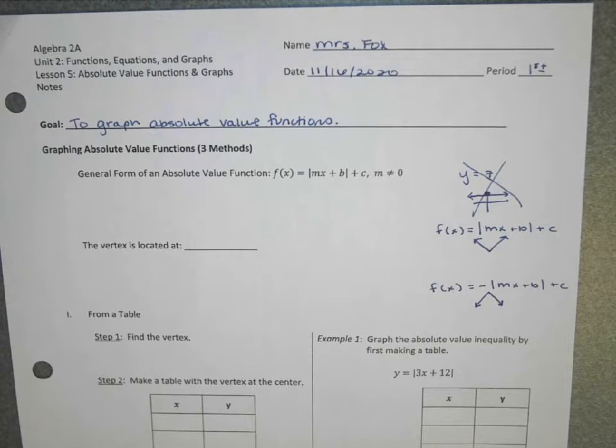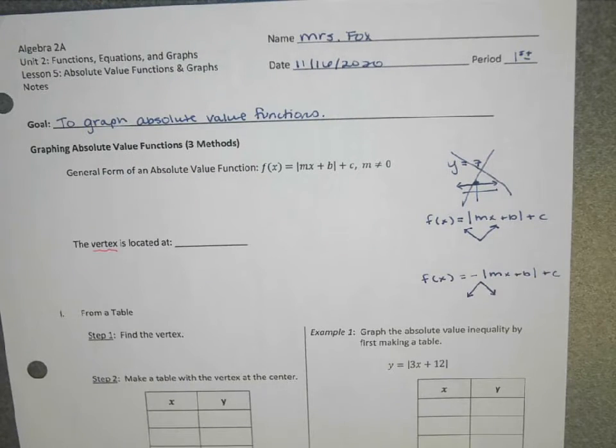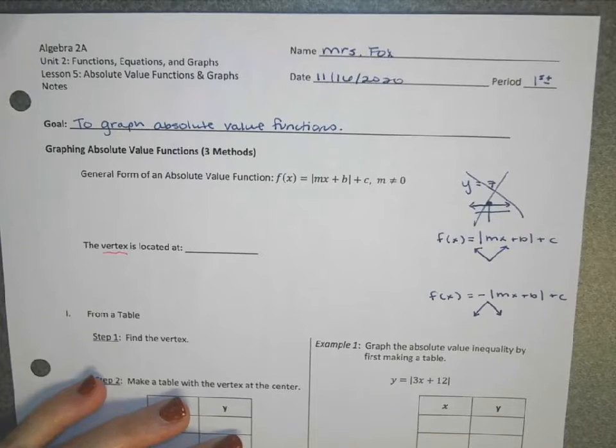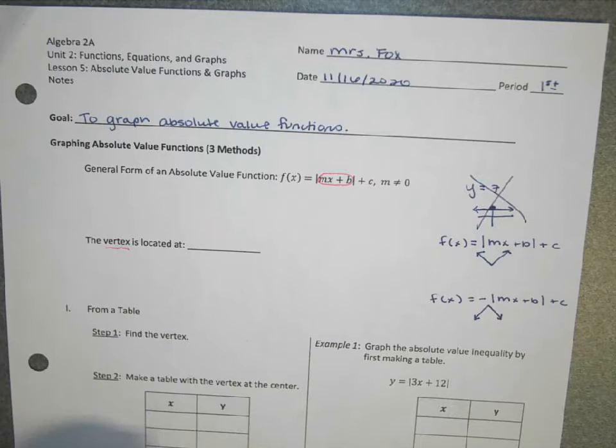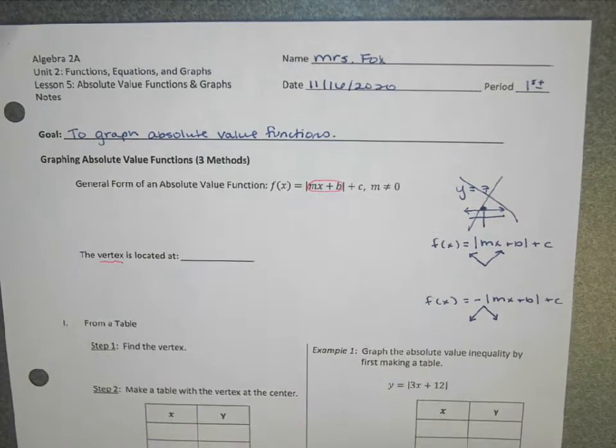Okay. Now, in order to find the vertex, to figure out where the vertex is located, what we're going to do is take the inside of the absolute value bars and set it equal to 0.